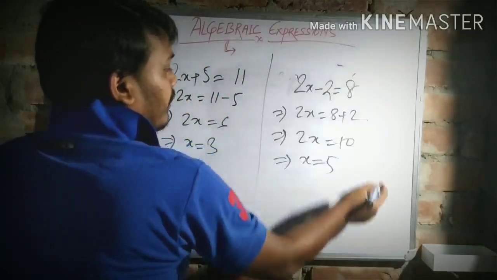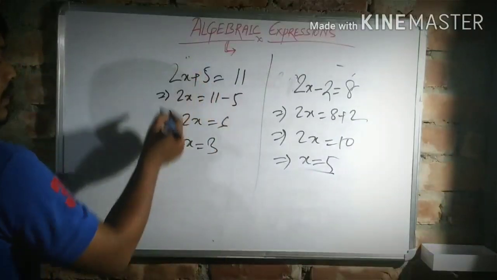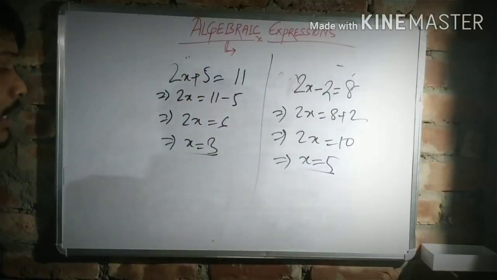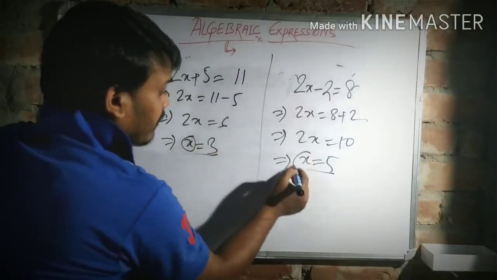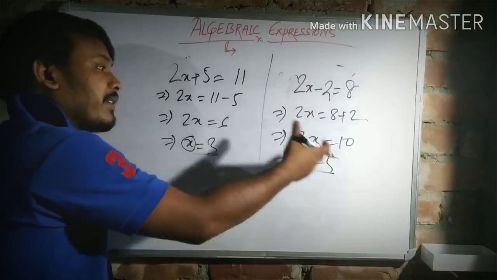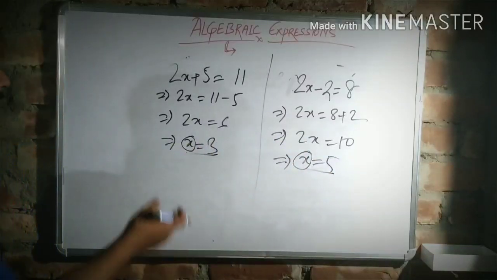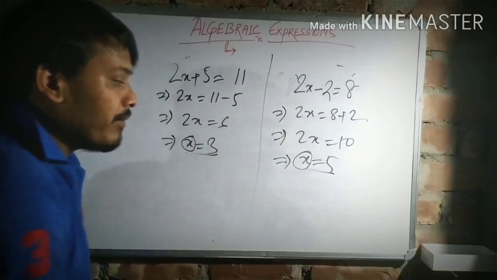In this case the value of x is 5, but in the other case the value of x is 3. The symbol is the same, but in a different situation the value is not equal. So this kind of value is called a variable.